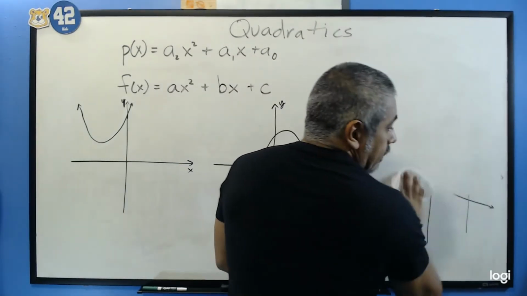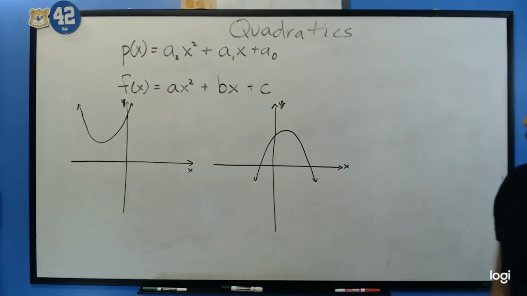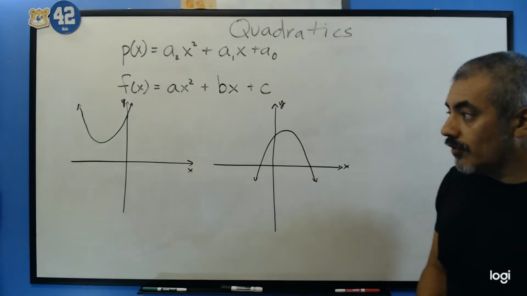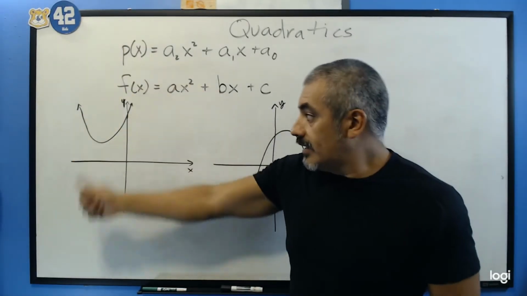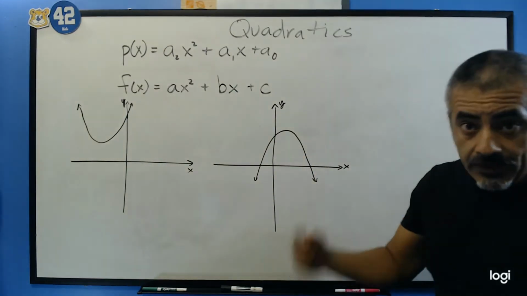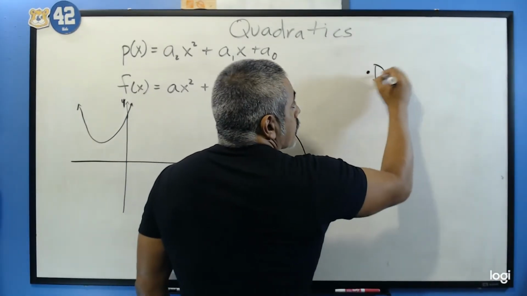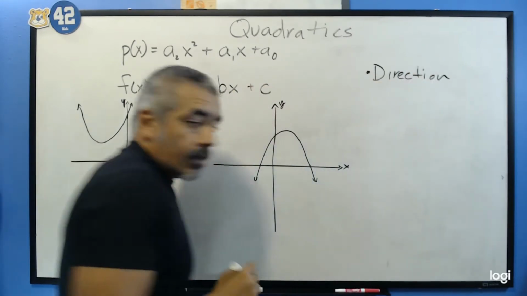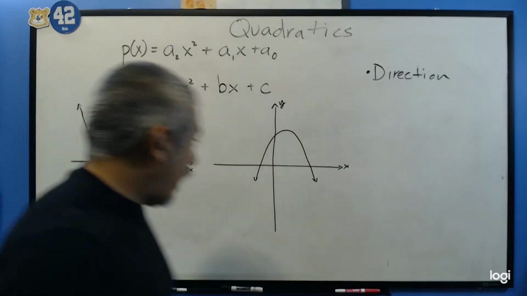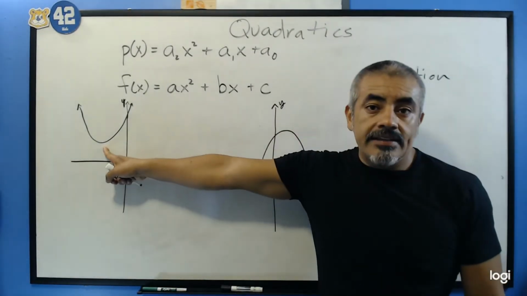But let's take a look at these two and see what we can pull out of those two graphs. Now, first, notice the direction, right? This one's facing up, this one's facing down. So one of the things we have to look out for is direction. Number 2, well, this one on this side does not hit the x-axis.